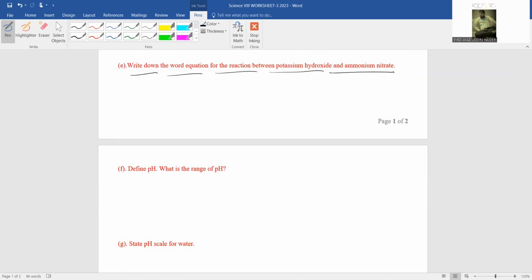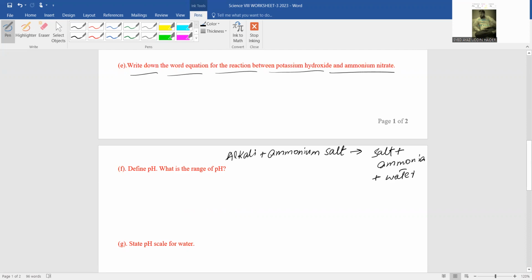Whenever alkali is reacted with ammonium salt, you will get three products. Alkali plus ammonium salt gives salt plus ammonia plus water.